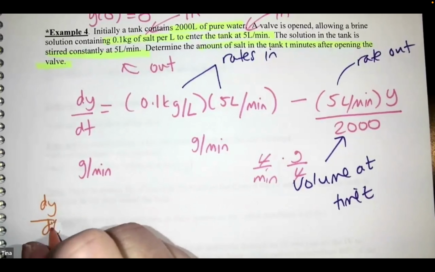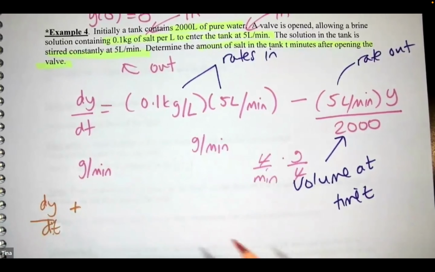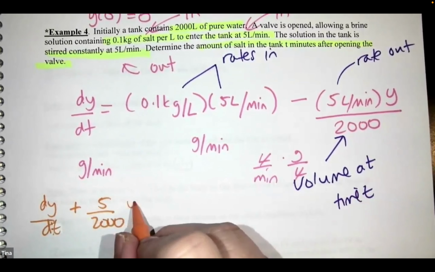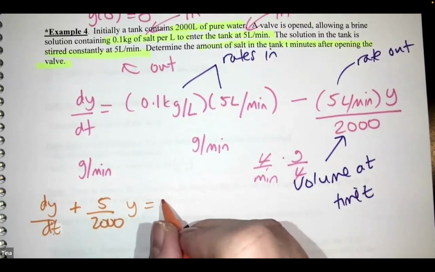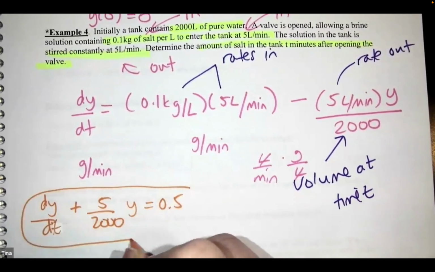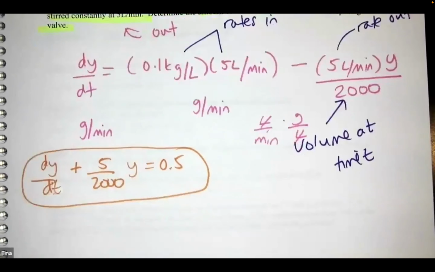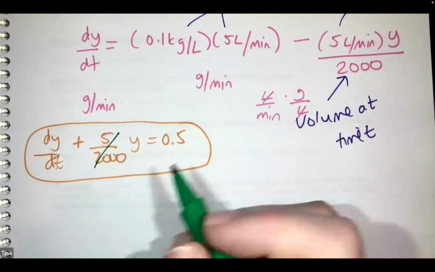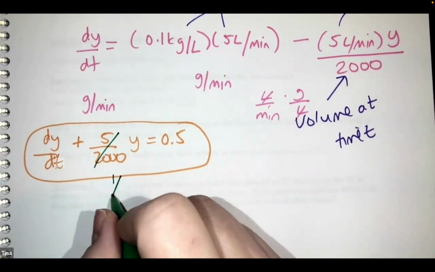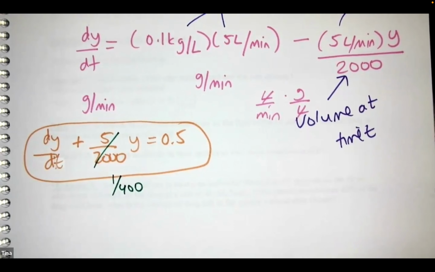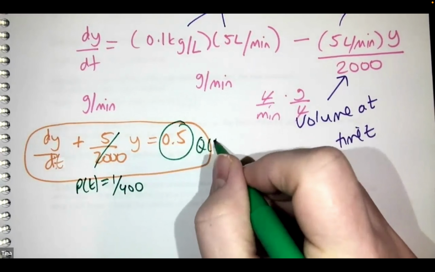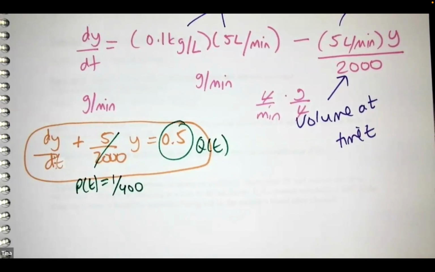So dy by dt plus 5 over 2,000 y equals 0.1 times 5, which is 0.5. Now, because it's already a big pain, you may as well reduce this, right? So it's 1 over 400. So that's my P, and that's my Q, and it's a linear.